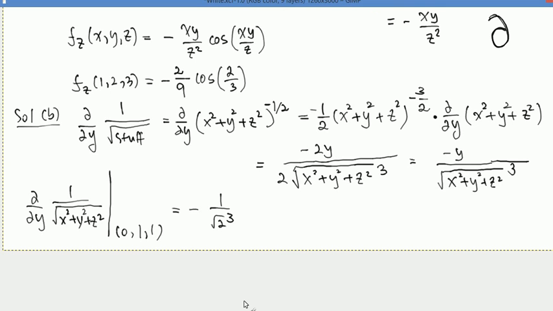Okay? Yes, sir? When you took the derivative, where exactly did the negative 2 come from? This negative 2? If you differentiate this one with respect to y, that's the only term. This is a constant term, not a constant multiple, so that becomes 0. This is a constant term, not a constant multiple, it becomes 0. The derivative of this middle term is 2 times y.